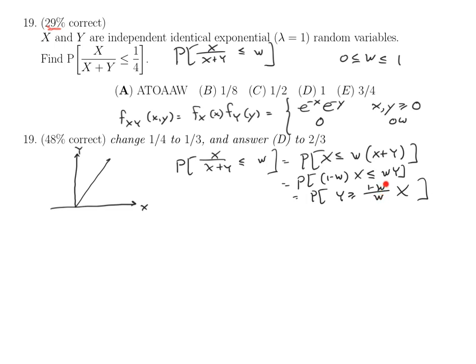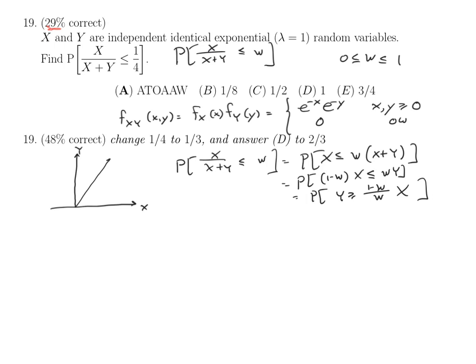If w is very close to 1, the numerator is close to 0, the denominator is close to 1, and this thing will be close to 0. But as w goes to 0, the numerator goes to 1 and the denominator goes to 0, so it can blow up to infinity. So this slope could be anything, but we'll solve it in general.